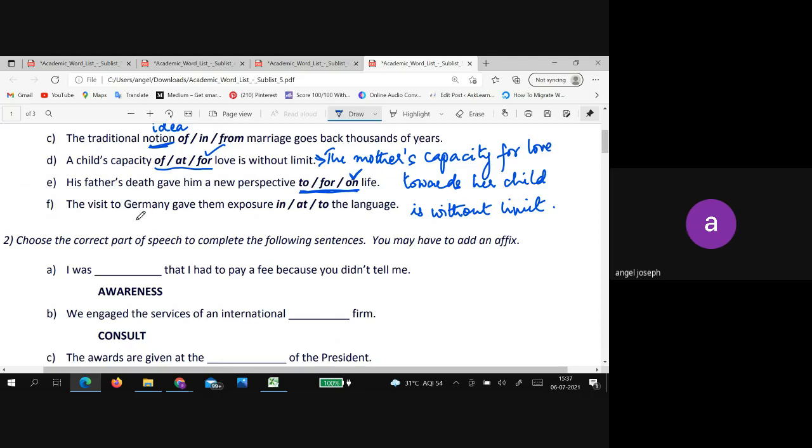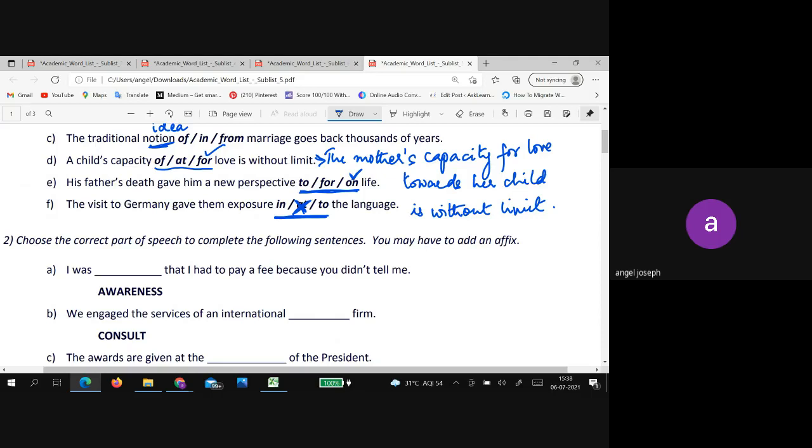The visit to Germany gave them exposure dash language. Exposure is what is given. At the language will not come, that is wrong. People who are thinking at, I have now given you a 50-50 option.